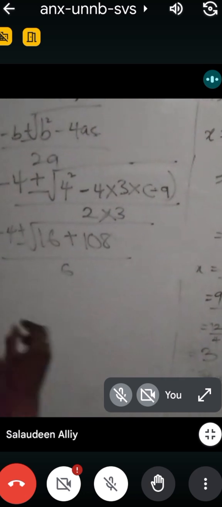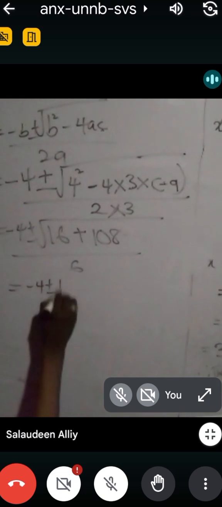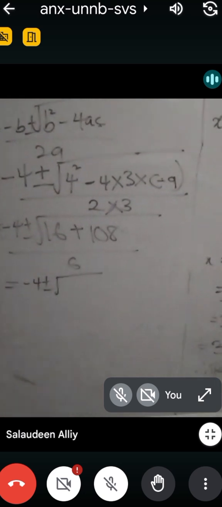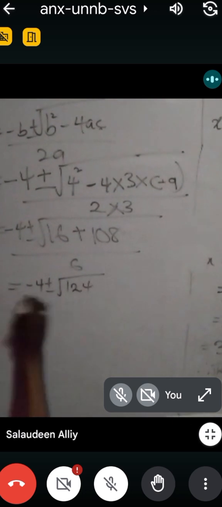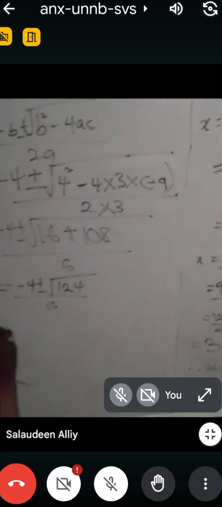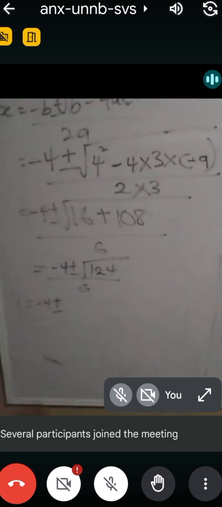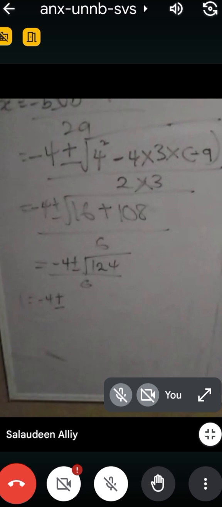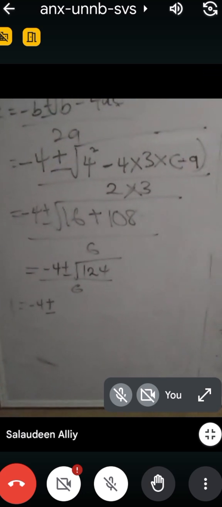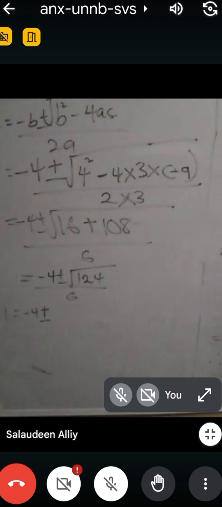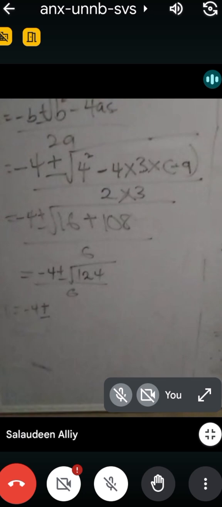So I have minus 4 plus or minus the square root of 16 plus 108, which gives 124, over 6. So the square root of 124, guys. You should get 11.1.